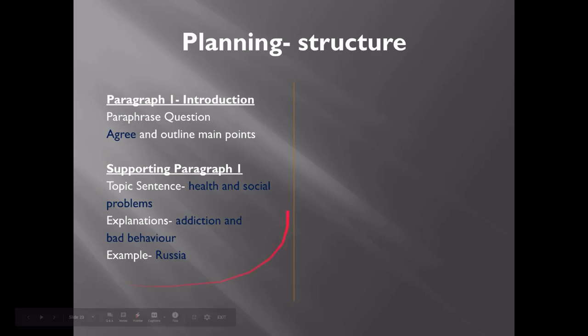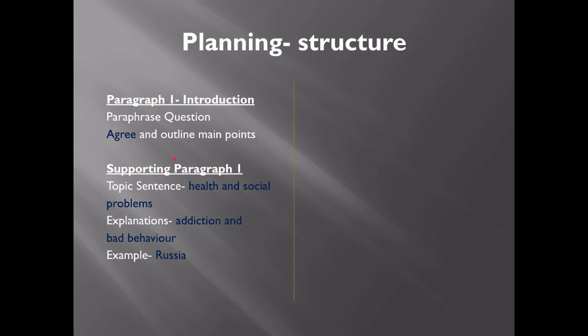Okay, so let's put this into our plan. The next stage is planning out our structure, taking our ideas and putting them into our structure. This is going to ensure that when we start writing, we know exactly what to write. This is a roadmap for our entire essay. You don't have to write out all of these. You could put intro, or you could put just P1 or P2 for paragraph 1, paragraph 2.